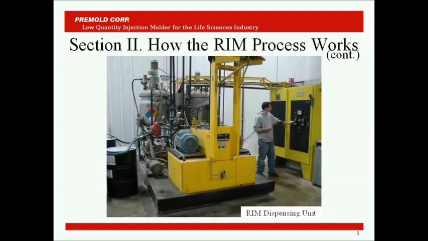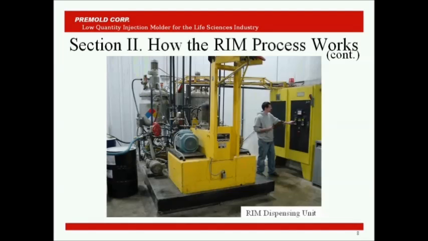And here we see in the background in this photo day tanks or feed tanks for the isocyanate and the polyol. And then the rest of the machine is plumbing, heating, and cooling components, and the pumps to regulate the flow of the resins, the two liquids, into the mixing chamber or the mix head.